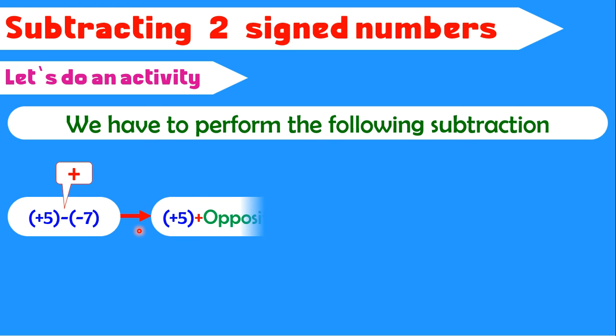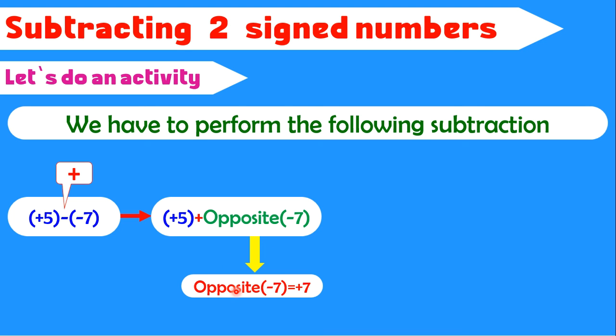So it will be like this: plus 5 added to the opposite of minus 7. The opposite of minus 7 is plus 7. So it will be plus 5 added to plus 7. And now we converted this subtraction to an addition. And we know how to solve this.